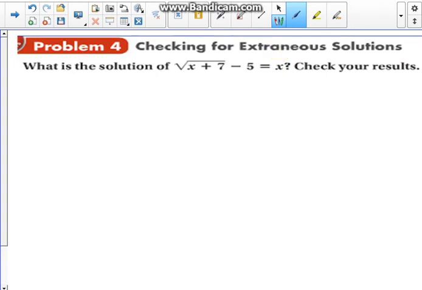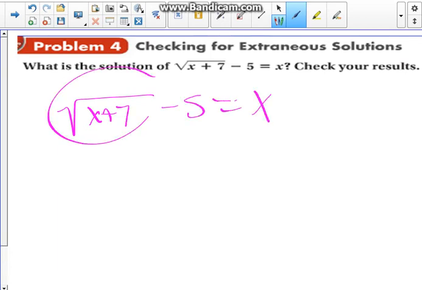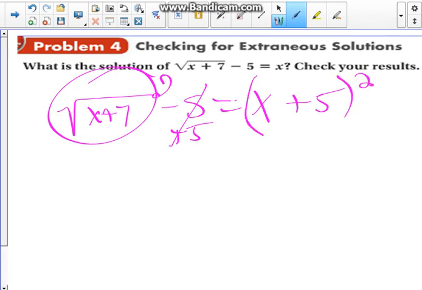So let's check. What's the solution of radical x plus 7 minus 5 equals x? So this we want to keep on this side of the equation, and let's get rid of the 5. So add 5 to each side, and that clears. And now to clear our radical sign, we're going to square each side. All right, and that clears this, and we're left with x plus 7 on the left.